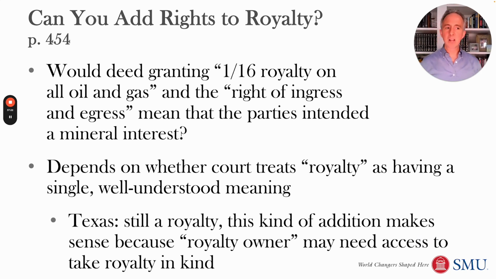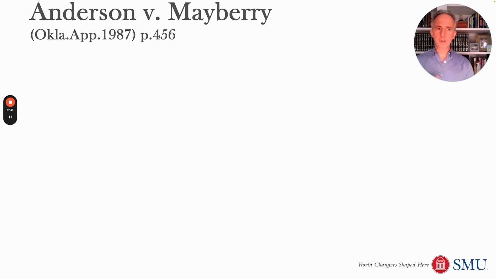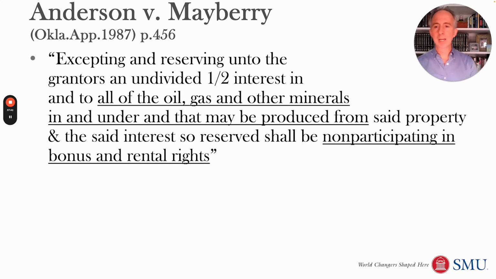In Texas, they're generally going to allow you to customize. They'll say, yeah, that's still a royalty, but maybe you just wanted to give the royalty interest holder the right to go onto the land to check production, to verify for themselves that they're getting their full share, or to take that royalty in kind. Okay. Another customization case, this one from Oklahoma, 1987, described on page 456 in your book, Anderson versus Mayberry.